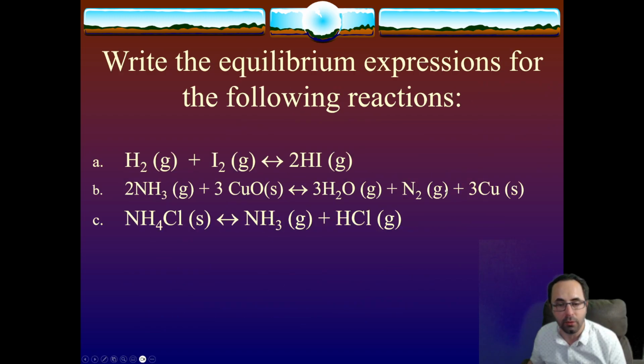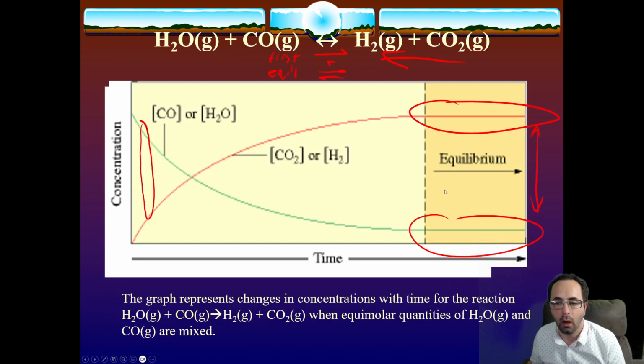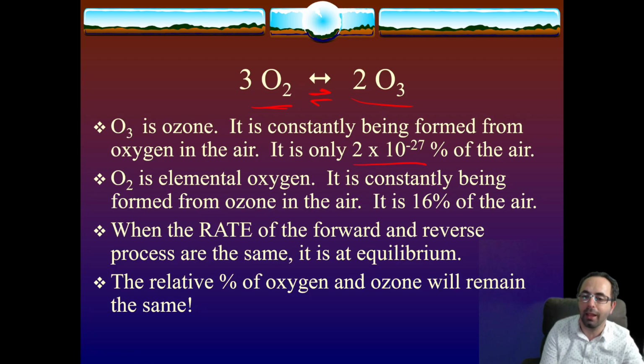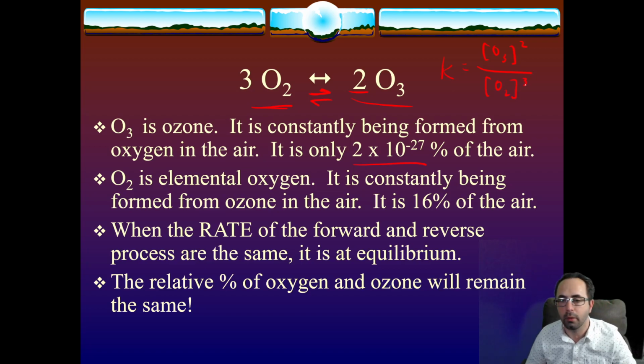So going back to our example reactions, in this reaction, we have more products, CO2 and H2, than reactants. So here, the equilibrium constant would be greater than 1. However, for this reaction, there's a lot more reactants than products. So if we were to write the K, this would be ozone, and we would square it because the coefficient is 2, products divided by reactants, O2 to the third power.